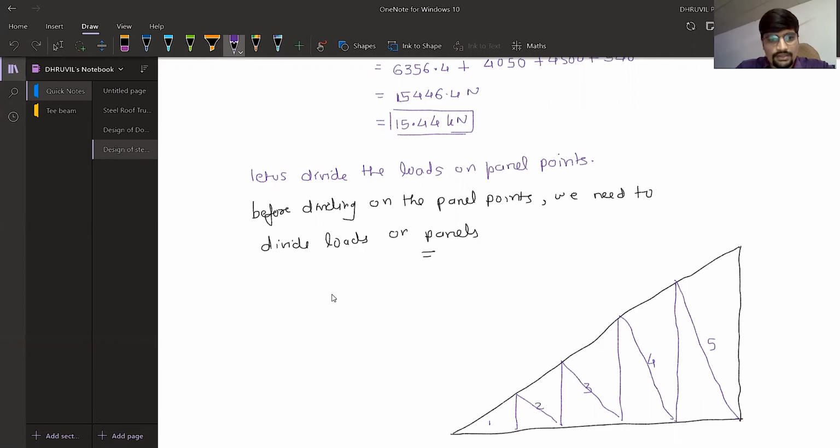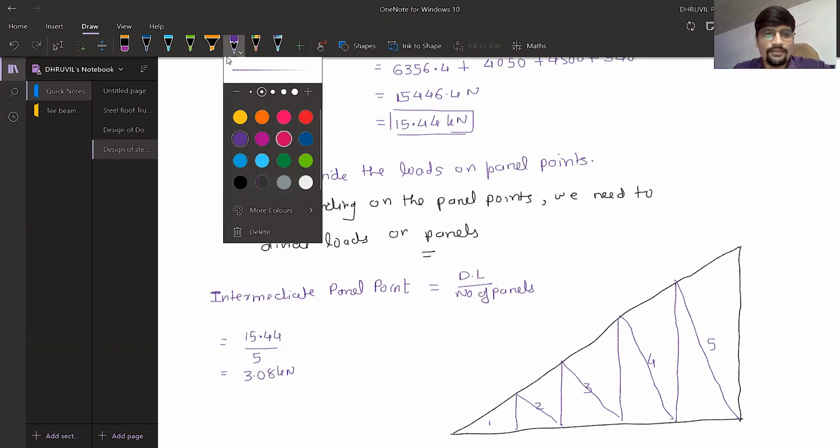So the dead load divided by the number of panels: the dead load is 15.44 divided by 5, which is 3.08 kilonewton. It means that each panel will take 3.08 kilonewton load.